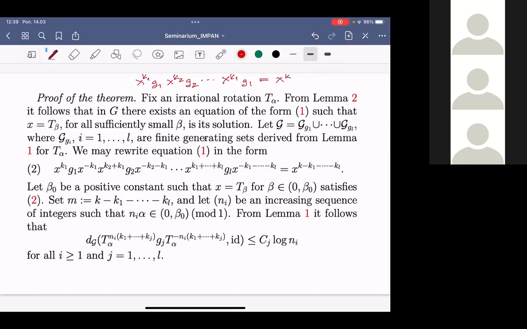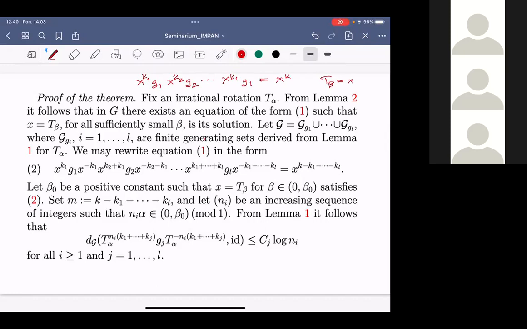And this equation is satisfied for all T_beta if beta is sufficiently small, so for all rotations with sufficiently small rotation number beta. So x equal to T_beta will satisfy this equation.